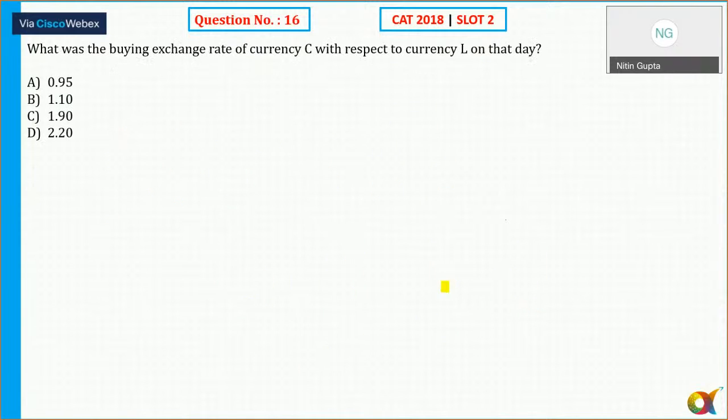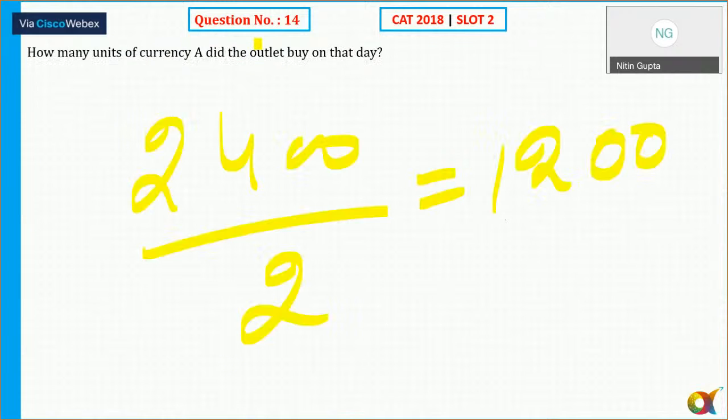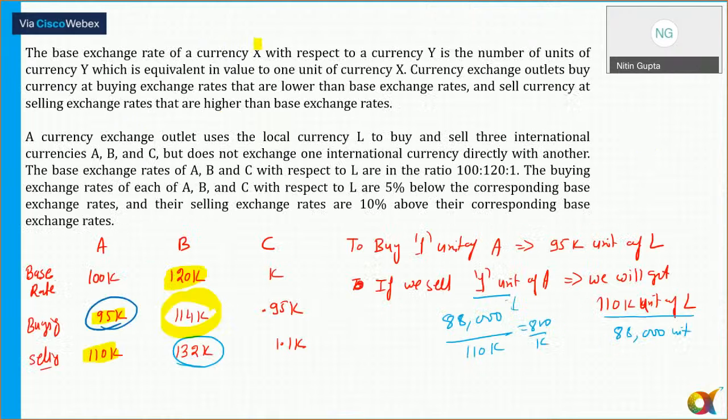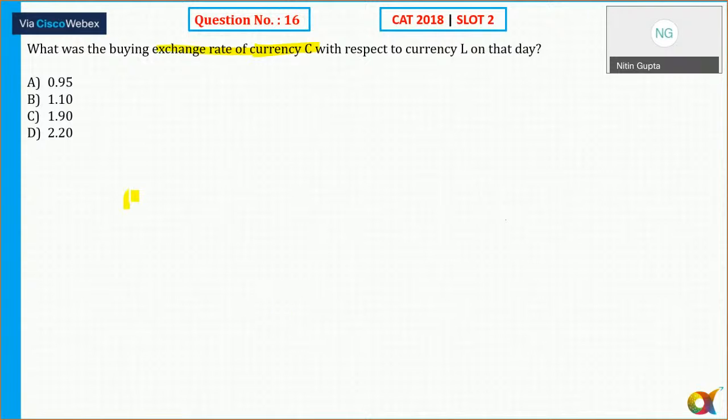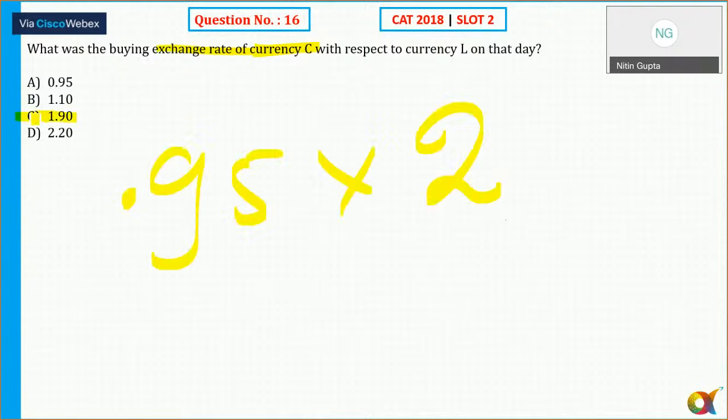Now next, what was the buying exchange rate of currency C? Let me go back. The buying exchange rate of currency C is 0.95K. So 0.95 into 2, which is option C, 1.9. And that's the complete set. So I hope that now this set is crystal clear to all of you.